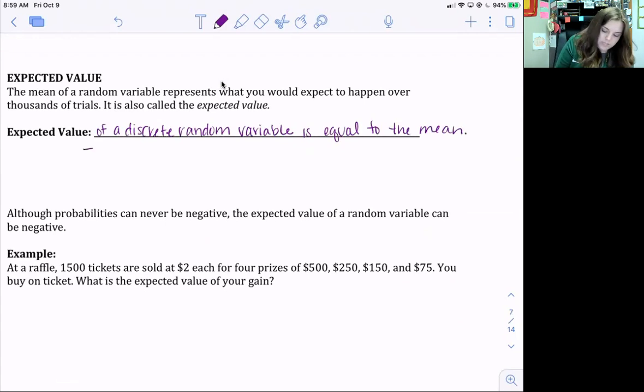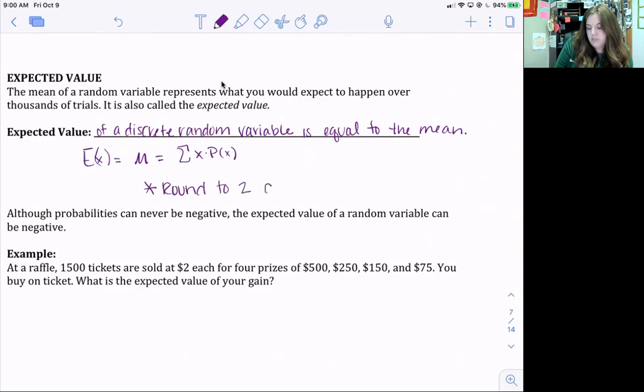So here we're going to use E of x is equal to our mean, which was the summation of x times p of x. Okay. With expected value, we're going to always make this round to 2 decimal places, because usually we're talking about money. Okay, so expected value is the probability that you're going to win. So think about the probability of winning a raffle, probability of winning the lottery.